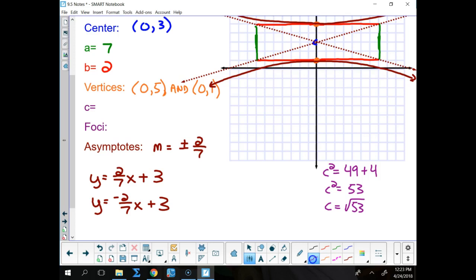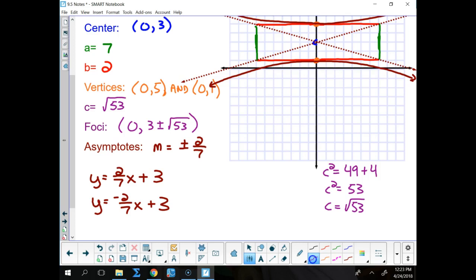Am I going to add and subtract that to the x part or to the y part of my center? The y part. So the foci are going to be at 0, 3 plus or minus the square root of 53.